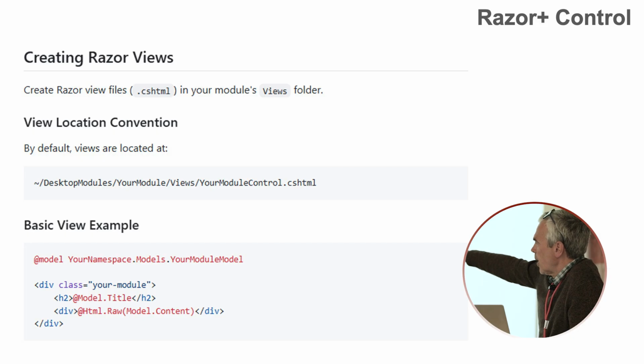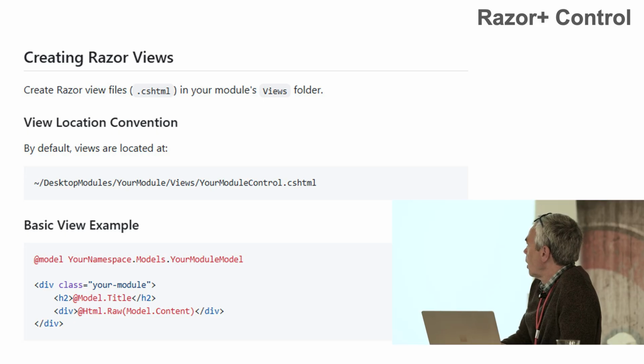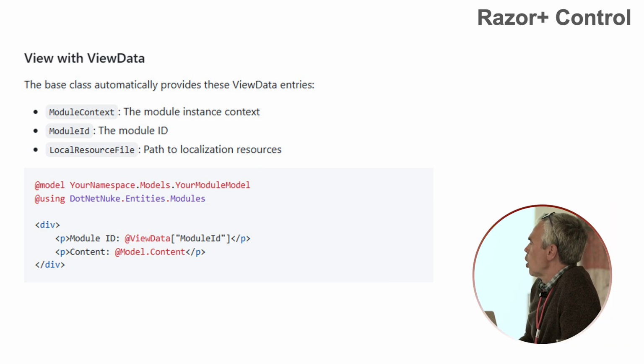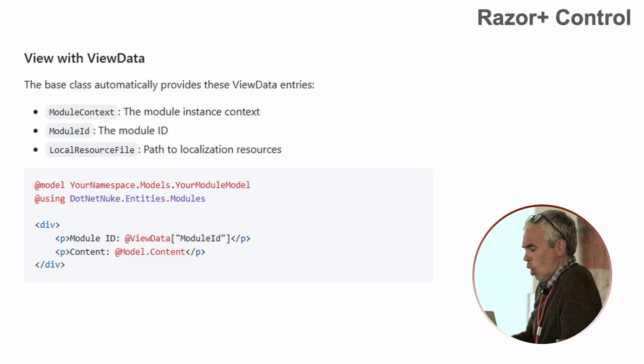And once you do that, you can use all the properties of your model in your Razor file. In your Razor file, you can have access to some general information of DNN: the model context, module ID, and the local resource file by using ViewData. Or you can add it yourself to your model.